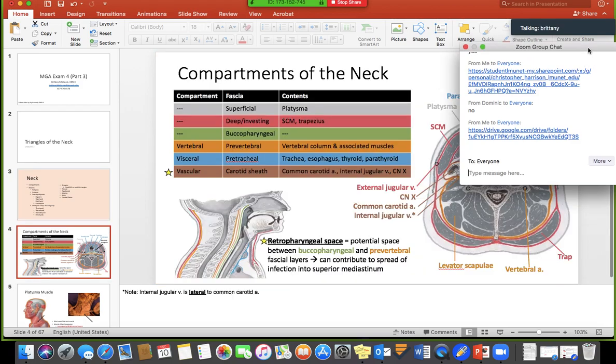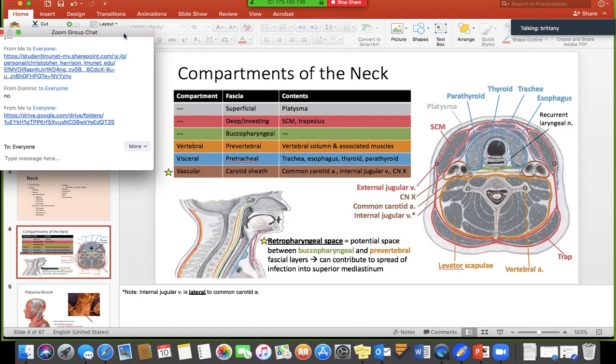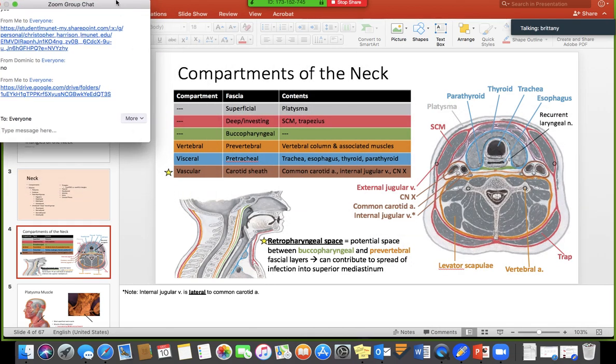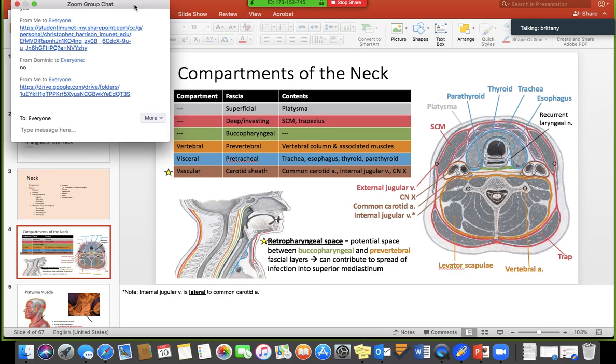Okay, we'll start here with the triangles of the neck. So before I start with this, I've got a lot of messages about how this exam was and people worried about passing. To be completely honest with you, you guys have had almost completely different lectures than we did last year, with the exception of Dr. Gassler and Jonathan.